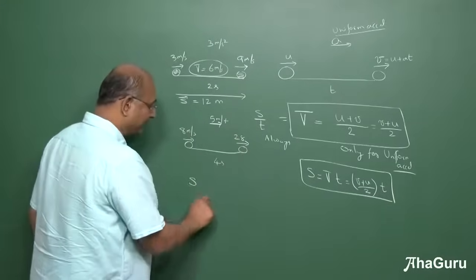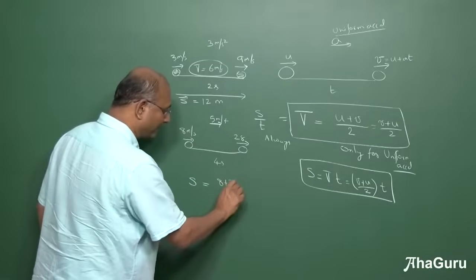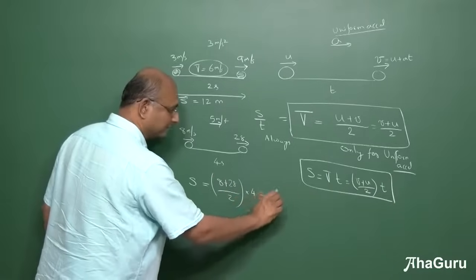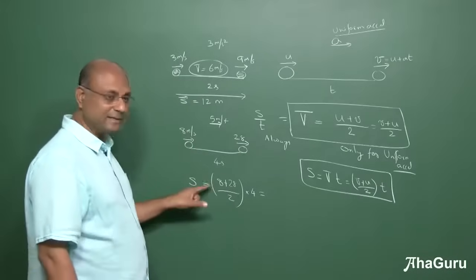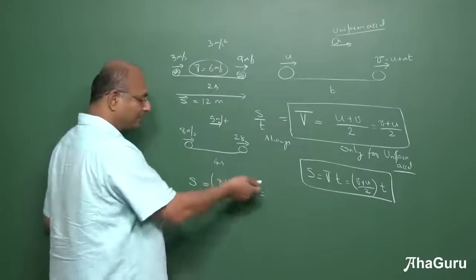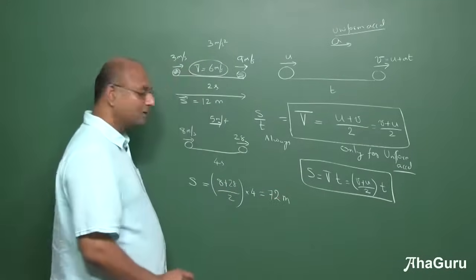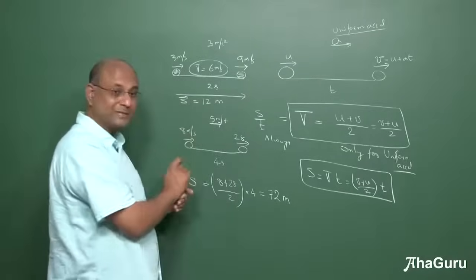So what is the displacement? Average velocity into time. What is 28 plus 8? 36, and 36 by 2 is 18. 18 into 4 basically is going to give you 72 meters.